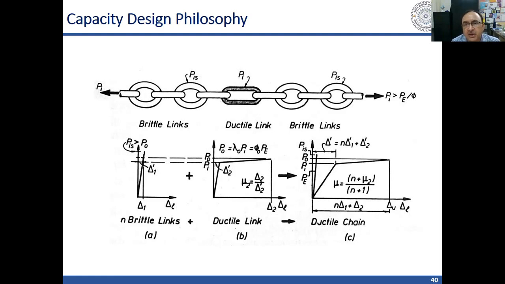If the brittle links have higher strength than the ductile link, it will fail in a ductile manner, because in that case the weaker link, which is the ductile link, is going to fail. So the key principle is that if I want my structure to behave in a ductile manner, I have to ensure that the brittle modes of failure are stronger than the ductile modes of failure. Then only the ductile mode will be the weaker link, and that is going to fail.